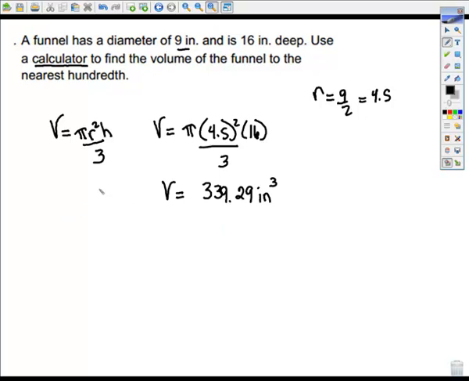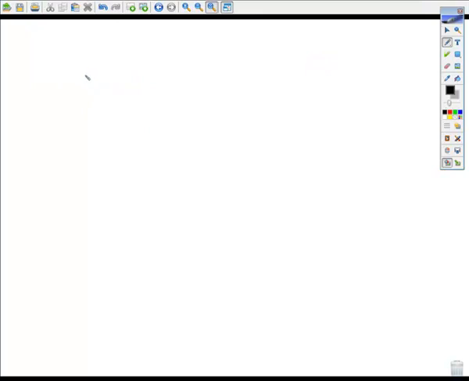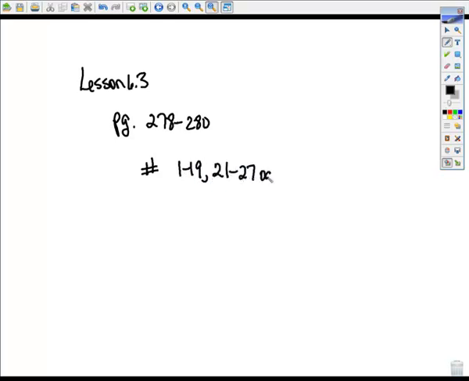So if you want to start the assignment, it's your option. It's going to be lesson 6.3, page 278 to 280. Problems 1 to 19, 21 to 27 odd, 29 to 31.